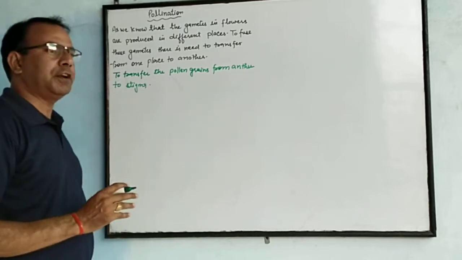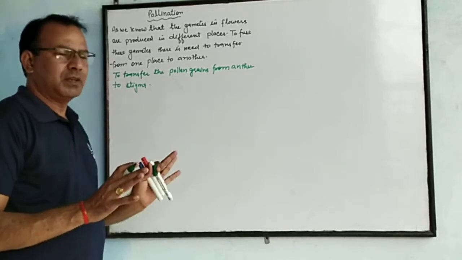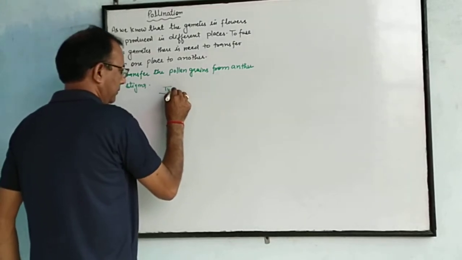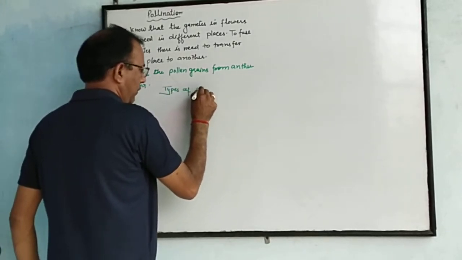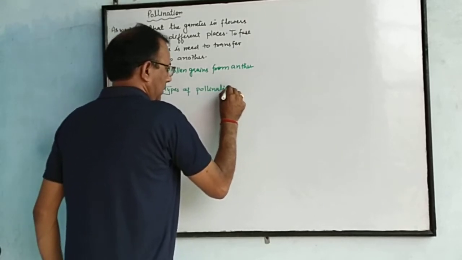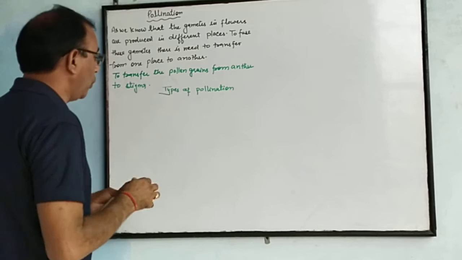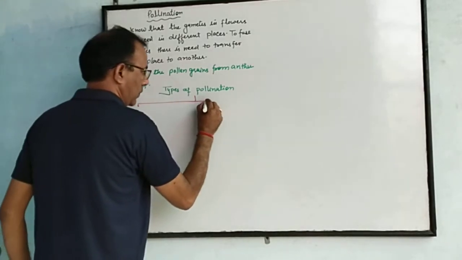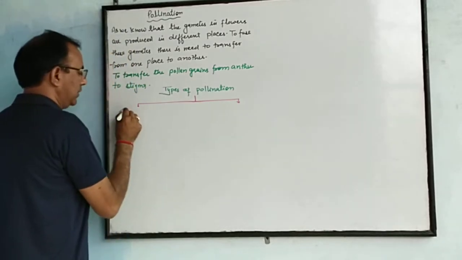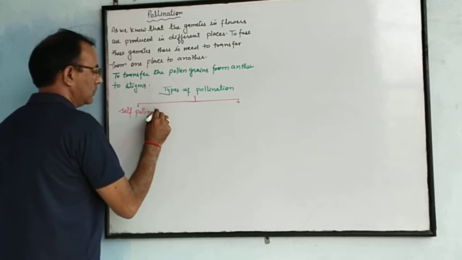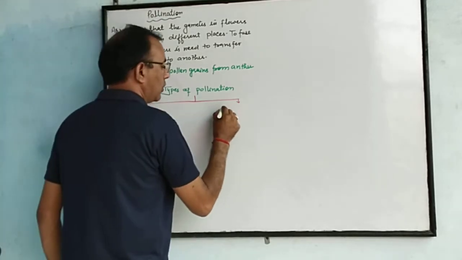On the basis of pollen and pollination, there are two types of pollination: self pollination or cross pollination.